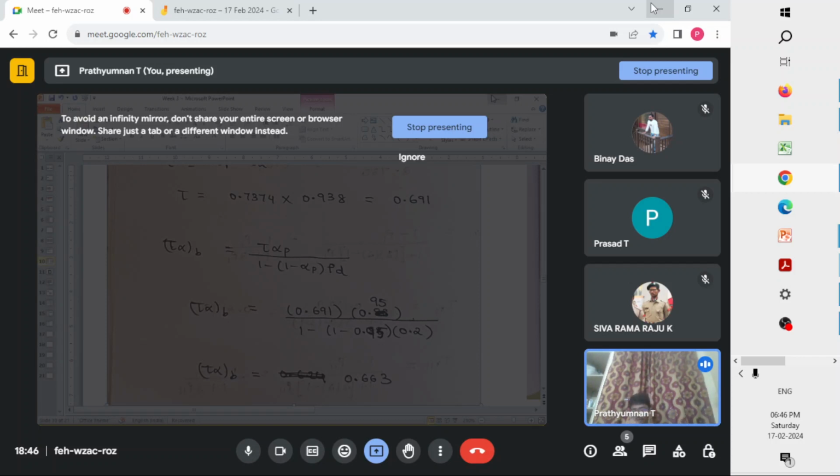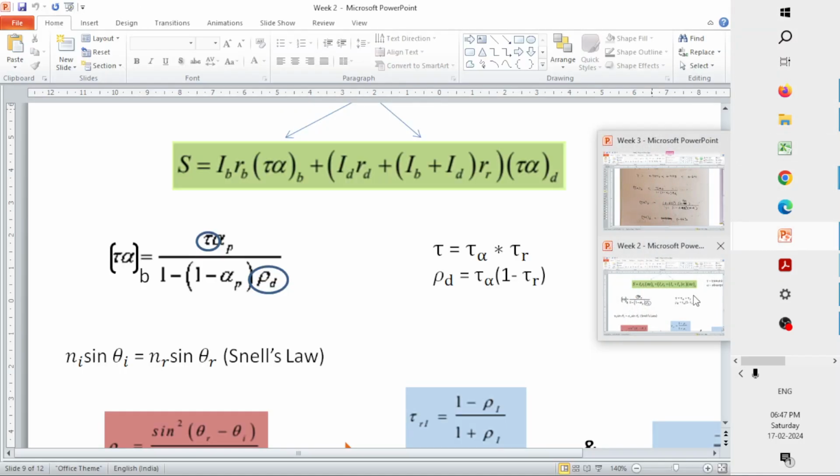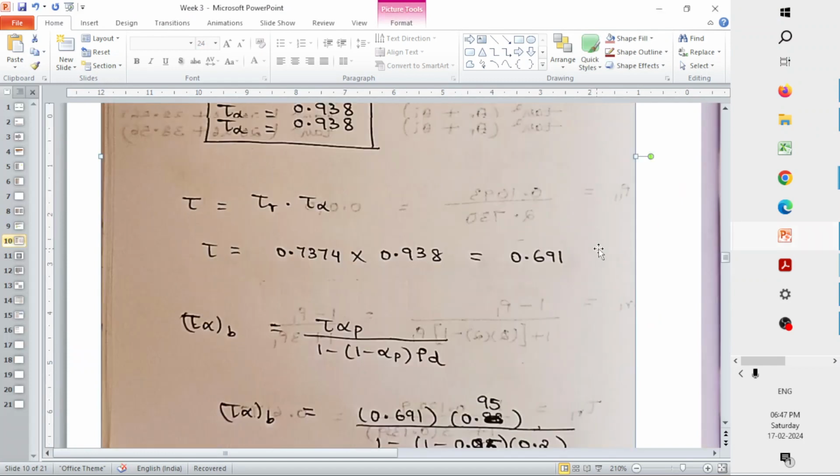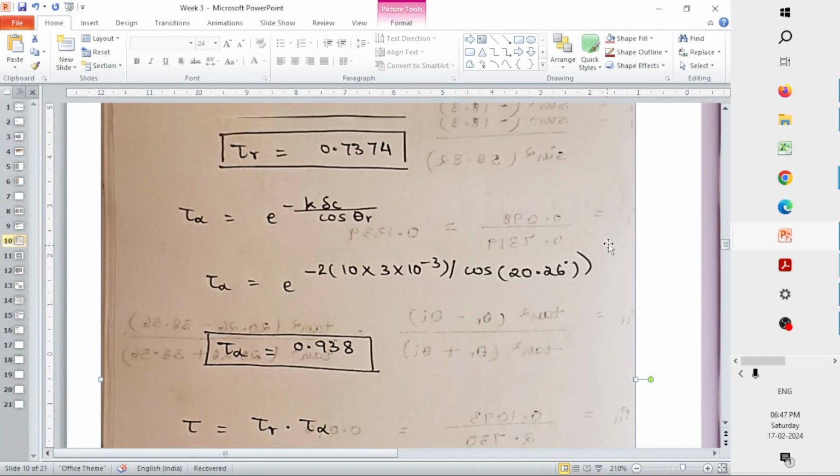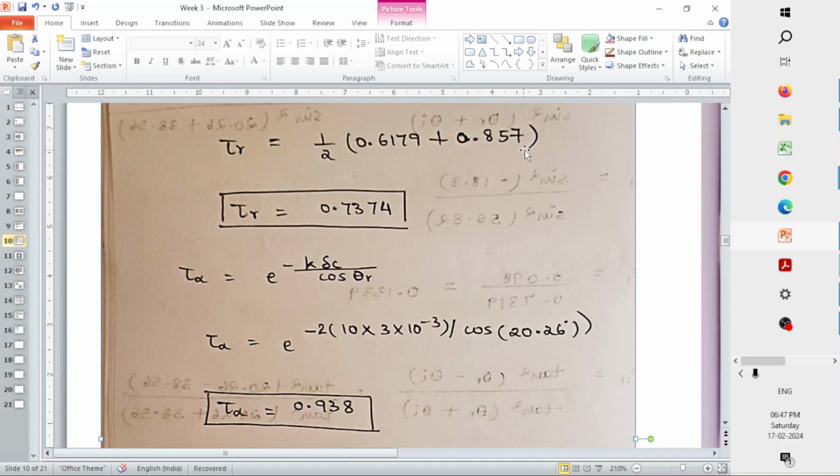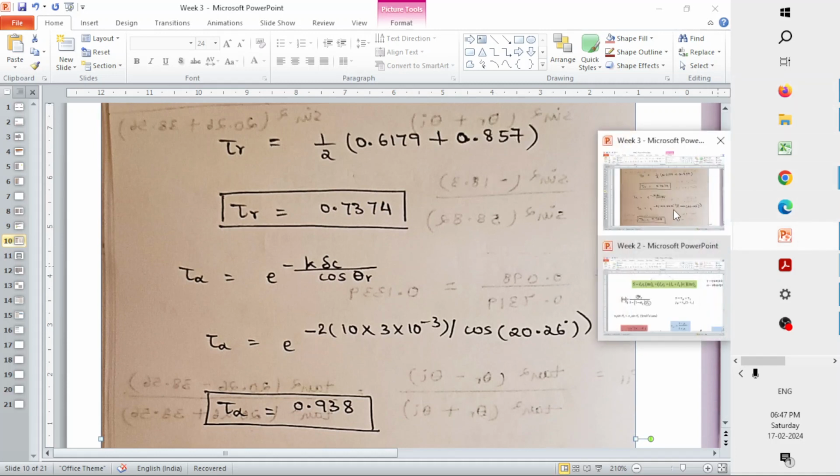Otherwise we won't be able to calculate theta I, and the calculation would be tedious, because the light gets diffused in multiple directions and it's not possible to calculate for each value of theta I. So we account for all the diffusive radiation by considering theta I as 60 degrees. Then you have to repeat this entire calculation, assuming theta I as 60.